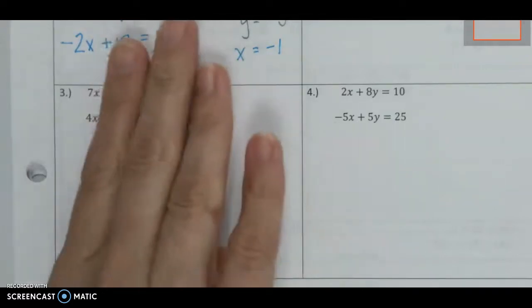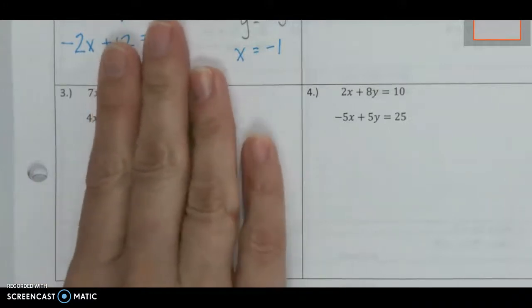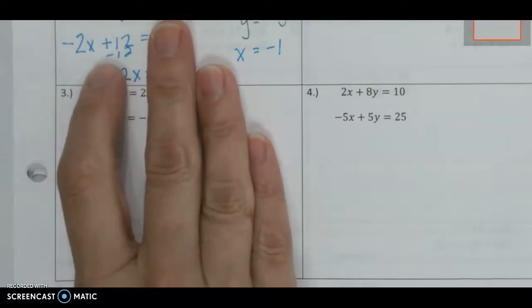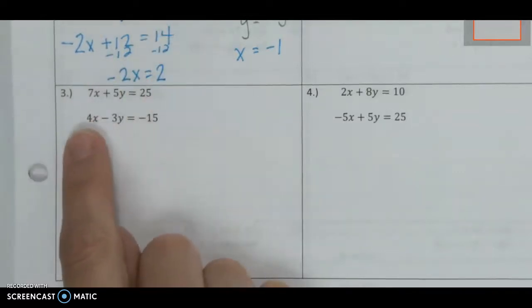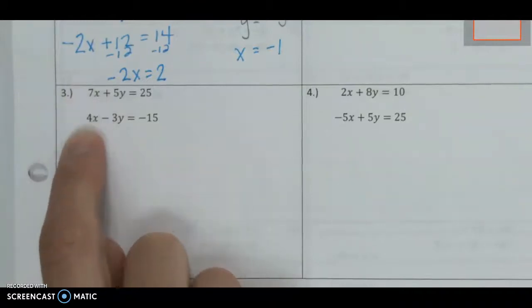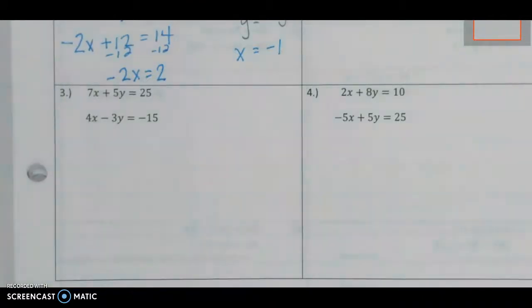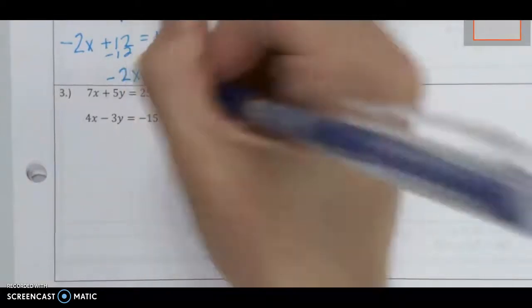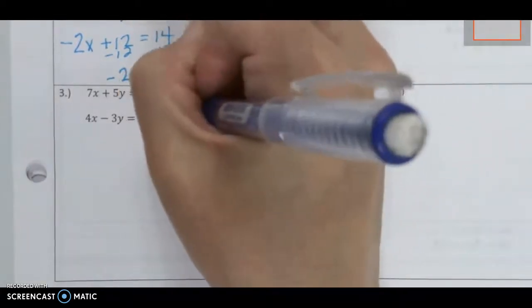If you choose to make these two both a 28, right? So take this one times 4 and then take this one times 7. You're going to have to pick one of them to be negative. Okay, so if I'm trying to make these two the same number, I'll take this one times 4, take this one times 7.